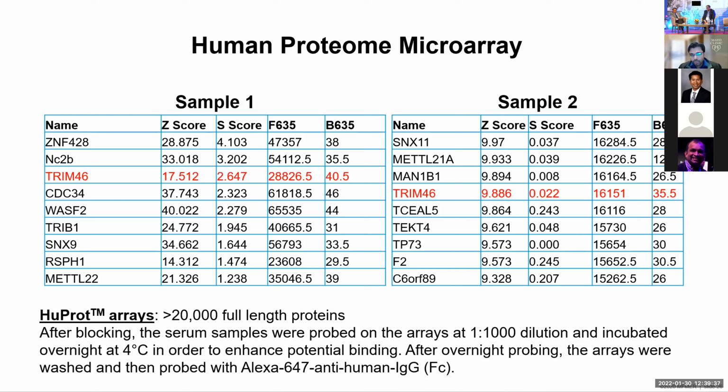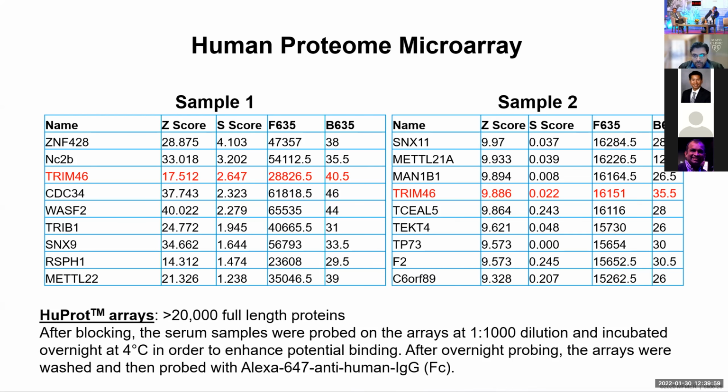And if you have a cohort of common appearing immunofluorescence patterns, you can identify the protein hits which are consistent in that particular cohort. And in this particular cohort of samples, what we found was the antigen of relevance was TRIM46.